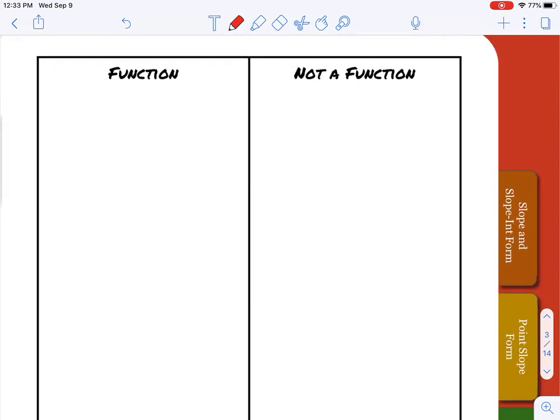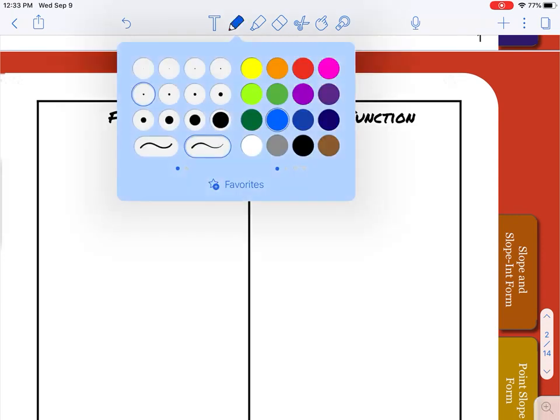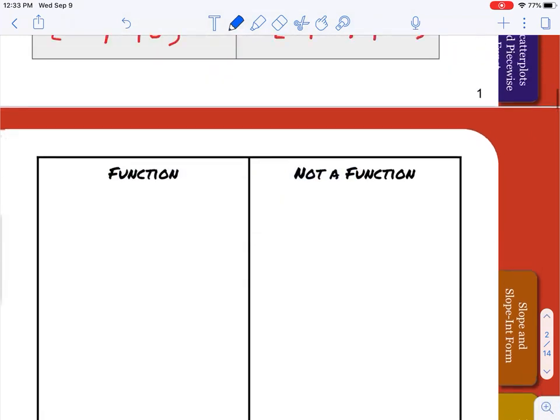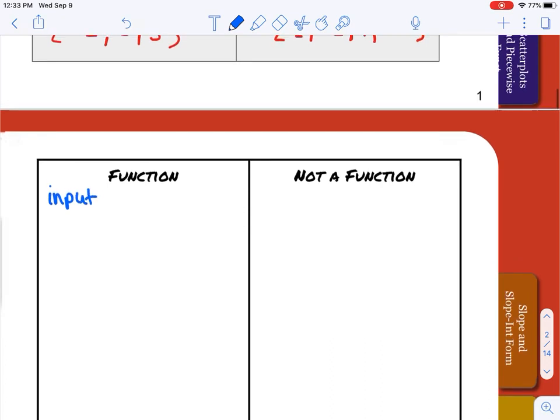So now we decide with our relations if they are functions or not a function. So we can look at each of those kinds of relations and decide function or not, based on what we know. So we're first going to look at a mapping diagram. We have our inputs, our outputs. These are new examples.